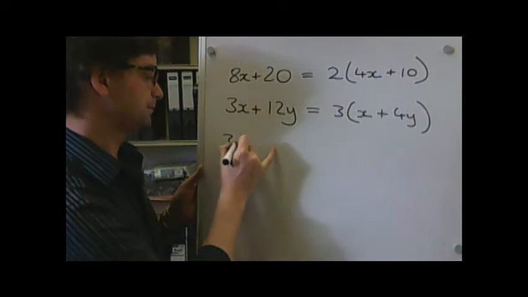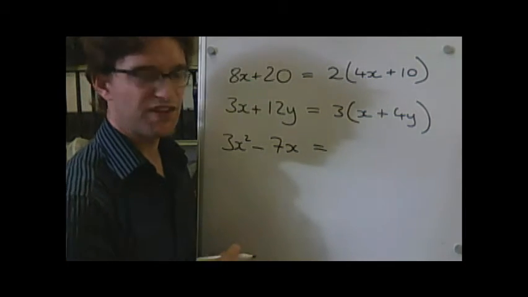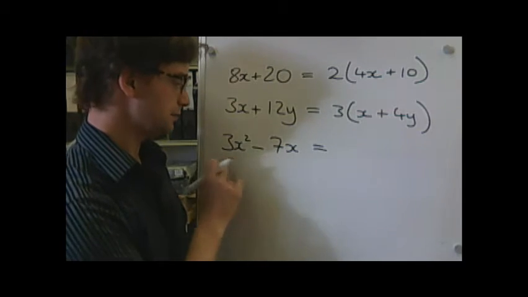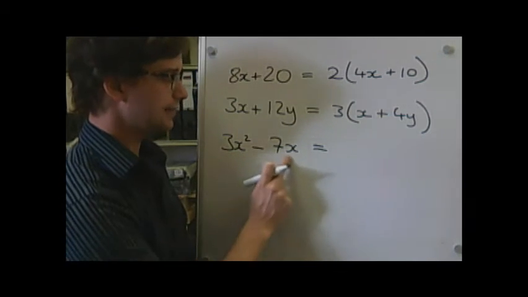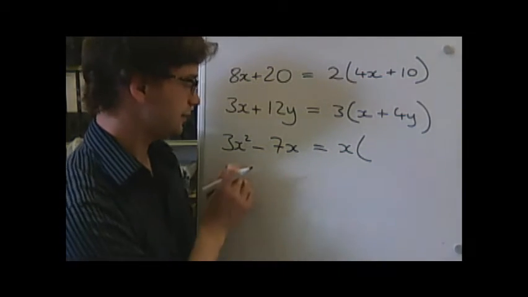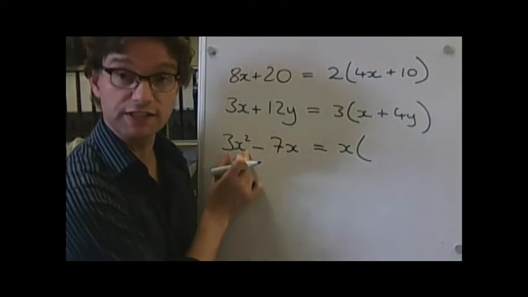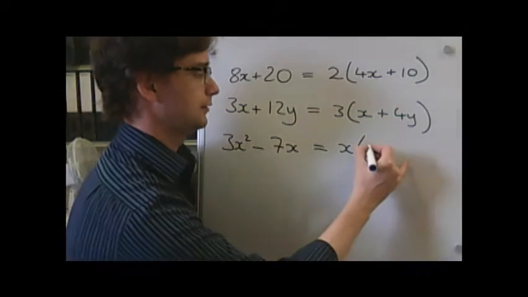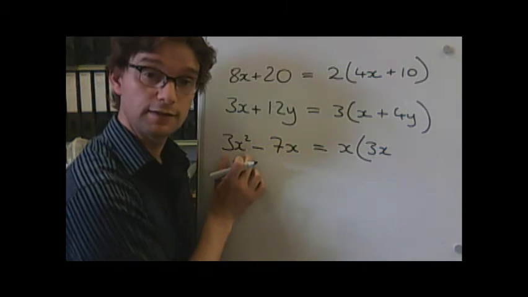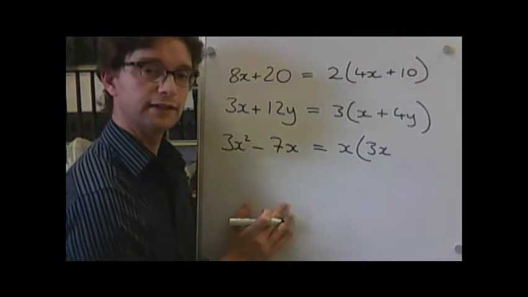How about this one? 3x squared minus 7x. What's the thing that goes into both sides of this? Well, it's not a number. I can't get numbers. But I think I've got x's here and x's here. So I think I can get an x out. I can take the x out and I've now got x times what is equal to 3x squared? Well, I think it's 3x. x times 3x is 3x squared. x times what equals minus 7x?